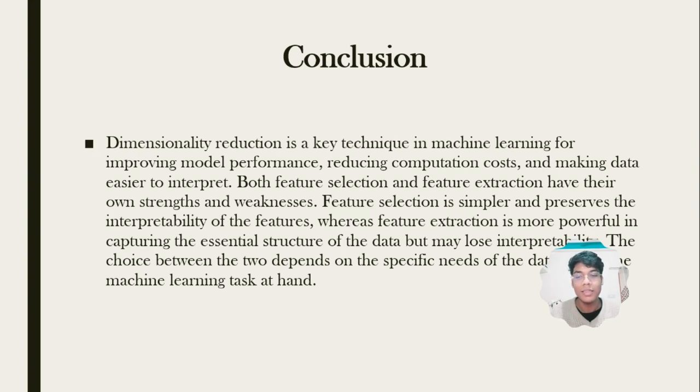Feature selection is simpler and preserves the interpretability of the features, whereas feature extraction is more powerful in capturing the essential structure of the data but may lose interpretability. The choice between the two depends on the specific needs of the dataset and the machine learning task at hand.